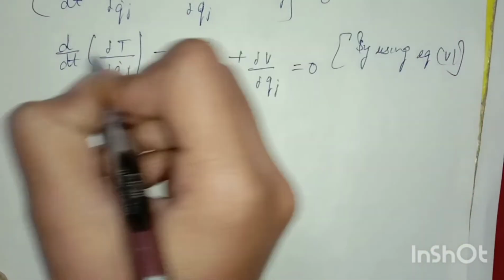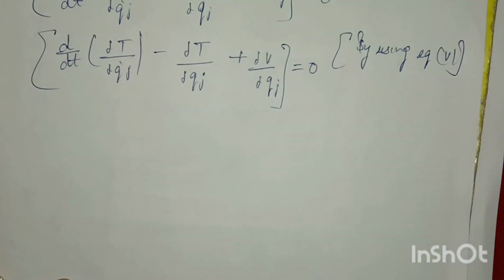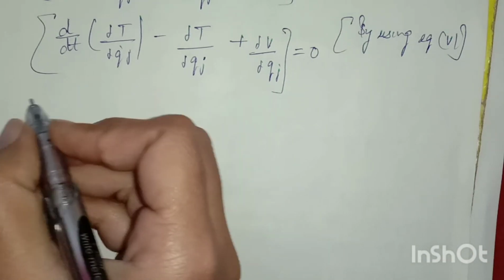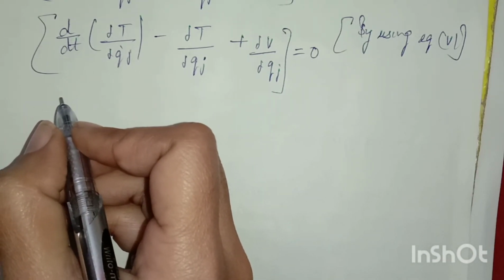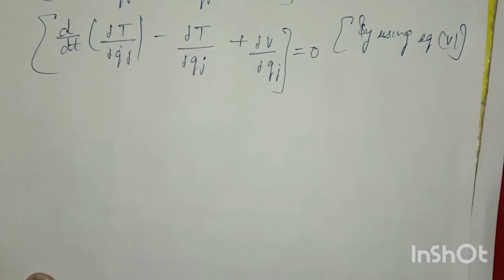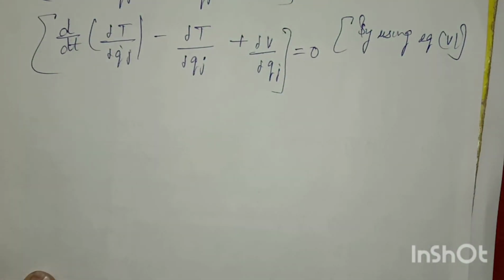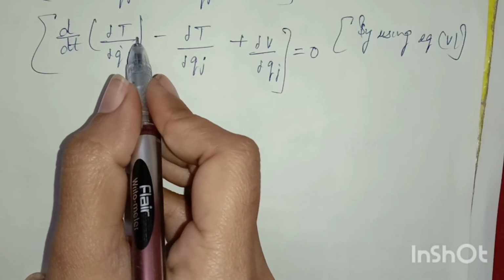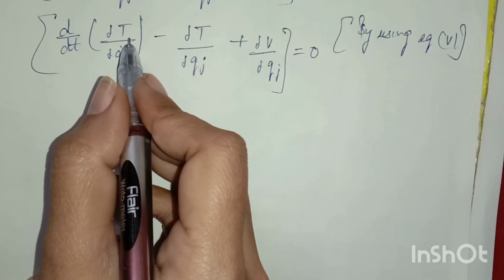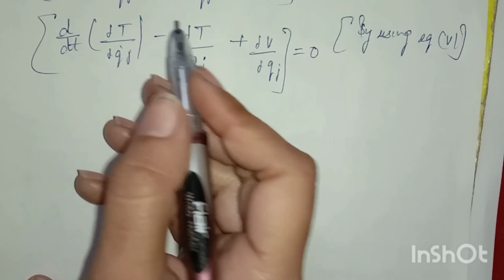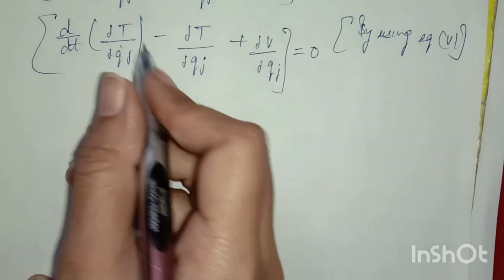Then the whole equation will be equal to 0. Because potential energy is a position function, we can also write this as equal to 0. So if we take potential energy, which is our position function, it doesn't matter because its value is already 0. It doesn't affect our relation.